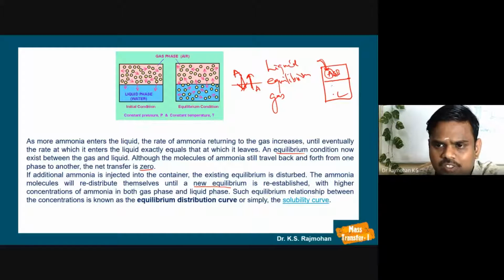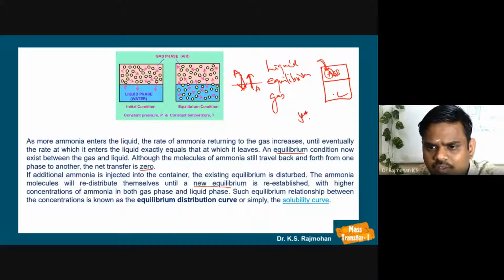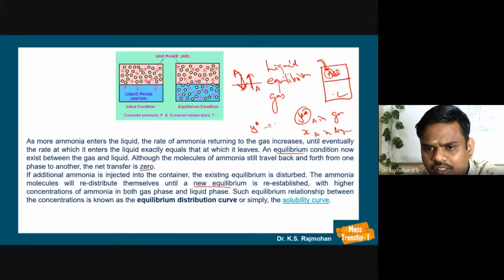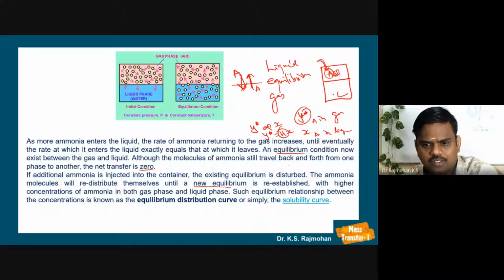That equilibrium: y star is the concentration of A in the gas phase, x is the concentration of A in the liquid phase, and we say this y star is in equilibrium with x. It is related as y star equal to Hx, where H is the Henry's law constant.